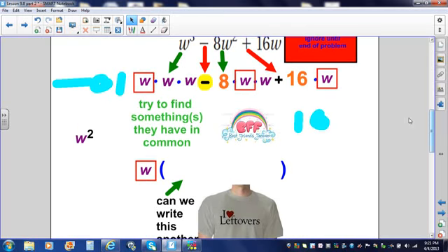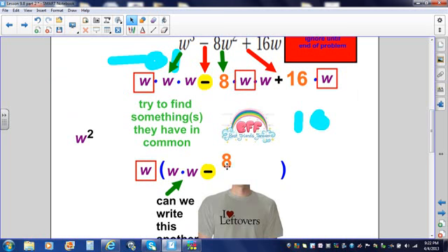So what do we have that's left over? We have a w, a w. So we'll bring those down. We also have a subtraction sign. We have an 8. So this is what was left over, along with the w plus 16.